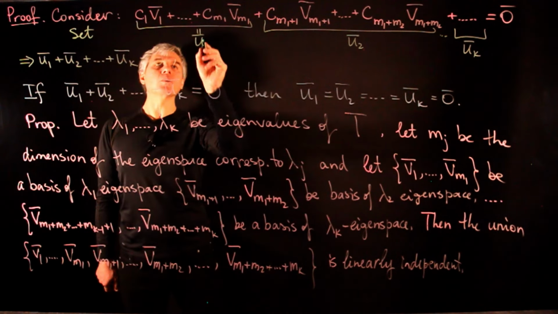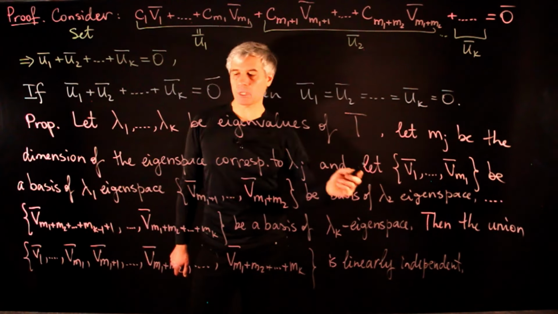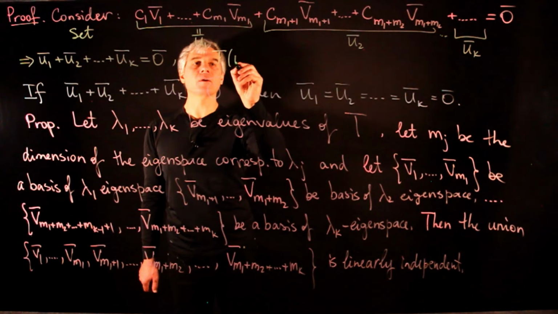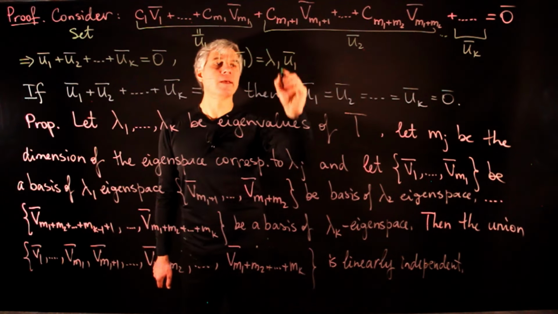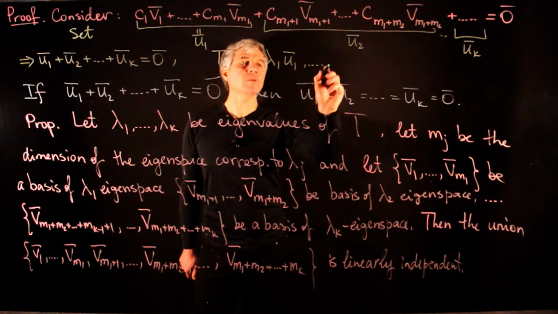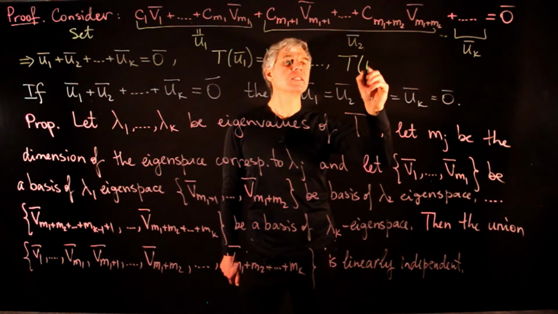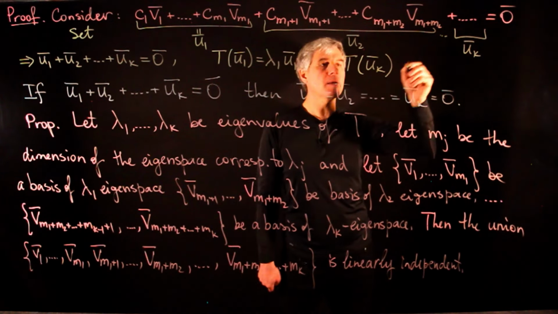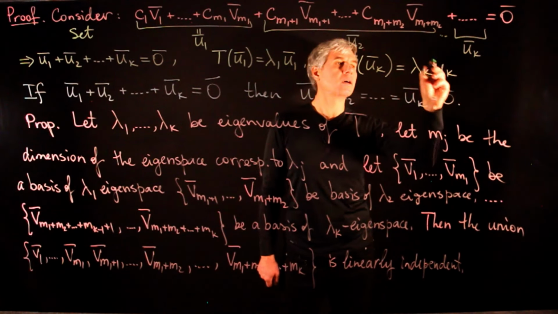But u1 is a linear combination of eigenvectors corresponding to lambda 1. So this means that T of u1 is equal to lambda 1 u1. And for all of these vectors, we have this property. So uk will be a linear combination of eigenvectors that correspond to lambda k. So T of uk will be lambda k uk.